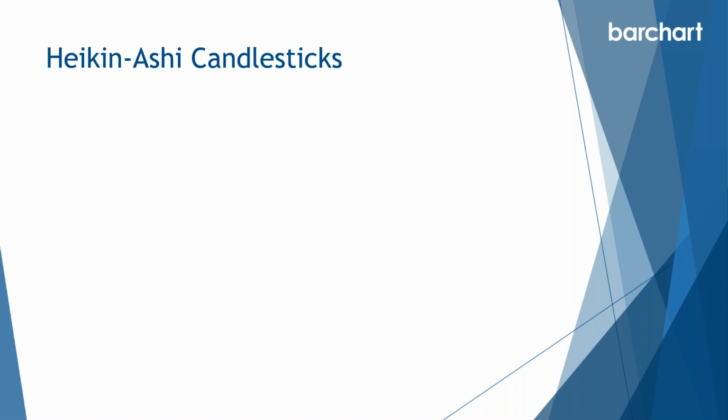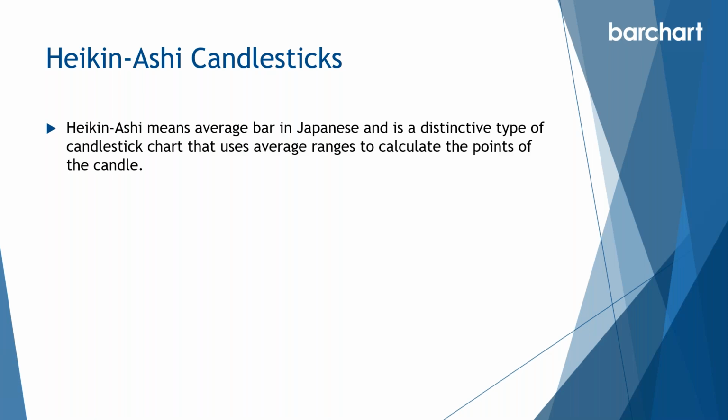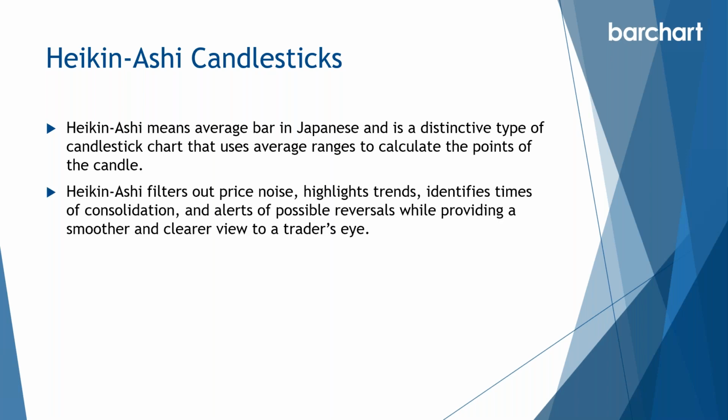So Heikin Ashi, right? The term translates to average bar. Now we'll see in the formula section that a Heikin Ashi is really a modified Japanese candlestick, which uses an average range to calculate points of the Heikin Ashi candle. What makes Heikin Ashi so intriguing is their ability to visualize simple trends, consolidations, and reversals.